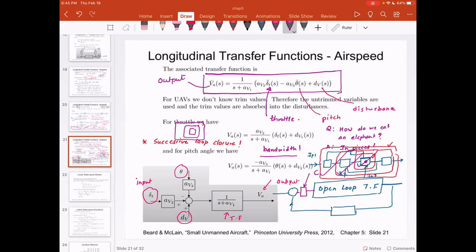Now this finishes the discussion on the transfer function. So please understand, in this chapter, there are two things. One is the transfer function representation, and second is the state space representation. You can implement the control in the transfer function. You can implement the control in state space. When you are implementing the control in the transfer function, you have no other choice but to use a linear control technique.